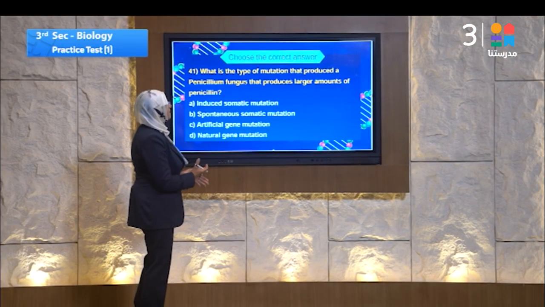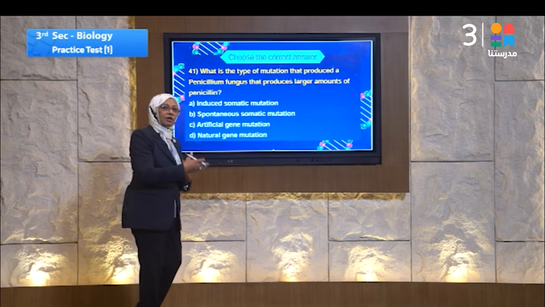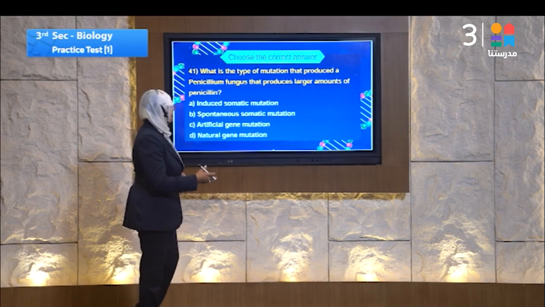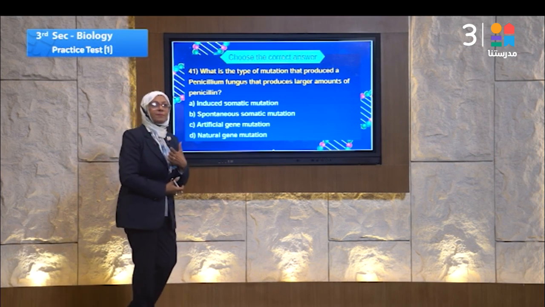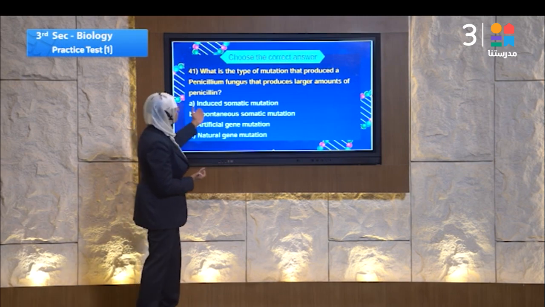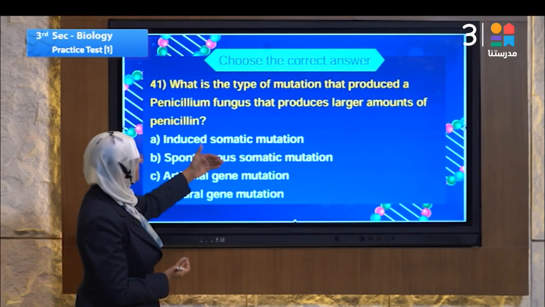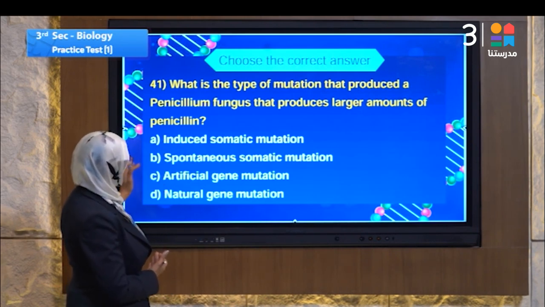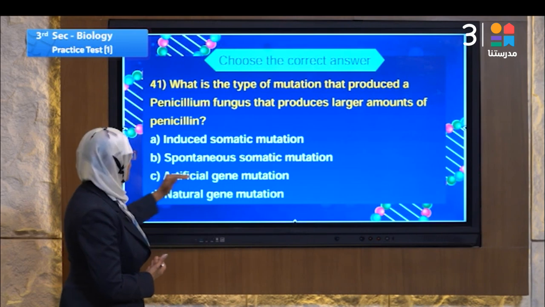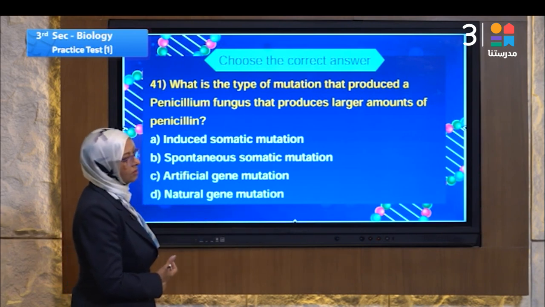Here we will make a mutation to make a large amount of penicillin. So it must be made by the human being. So the options are: induced somatic mutation that will make a large amount of penicillin, spontaneous somatic mutation, artificial gene mutation, or natural gene mutation.